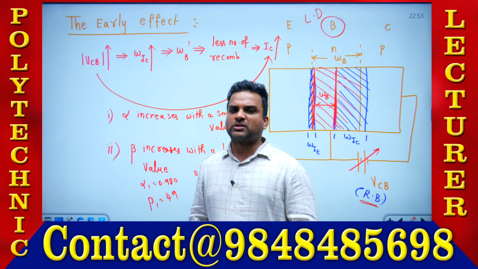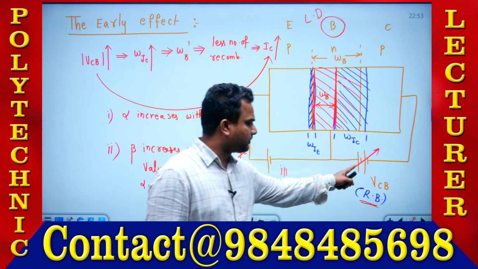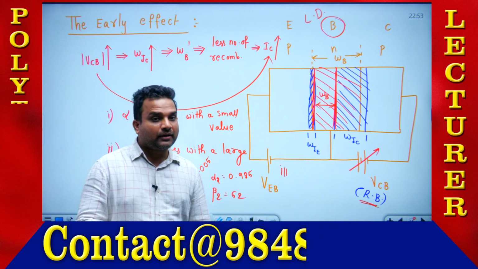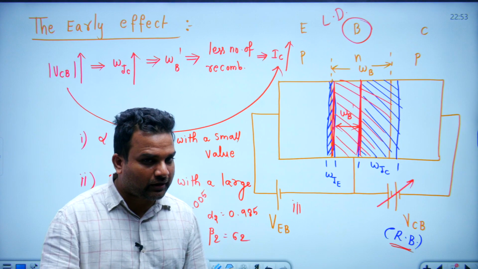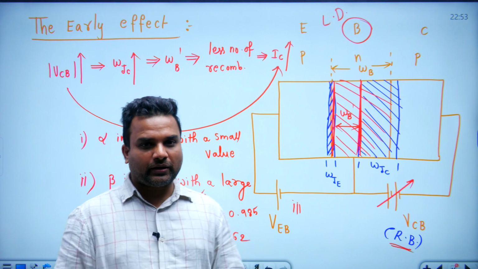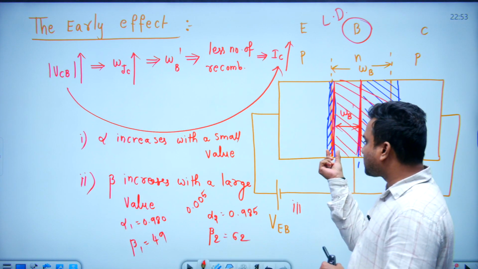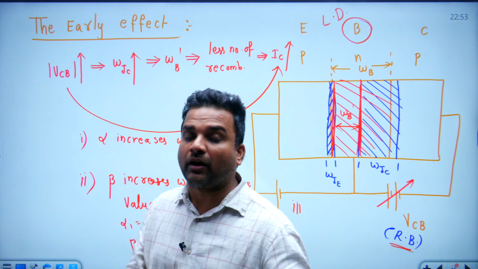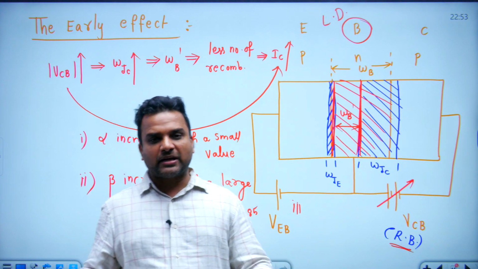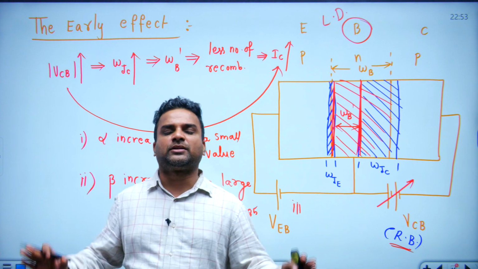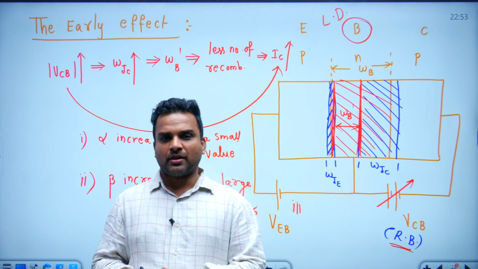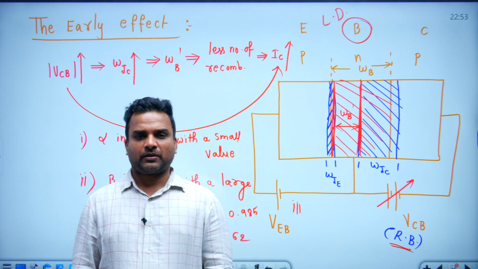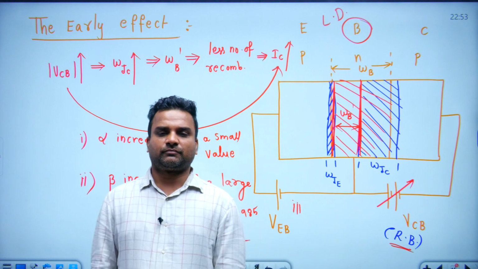And you can ask me, sir, why only VCB? Why don't you take VEB? Why don't you increase VEB? Guys, if you increase VEB, then definitely the depletion layer width across the emitter base junction reduces, because the emitter base junction is in forward bias. In forward bias, when you increase the voltage, the depletion layer width decreases. If the depletion layer width decreases, WB dash increases, because that is the effective base width.